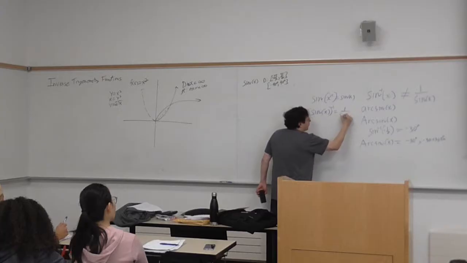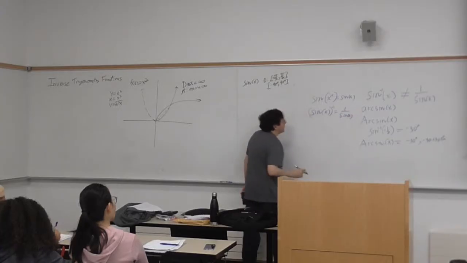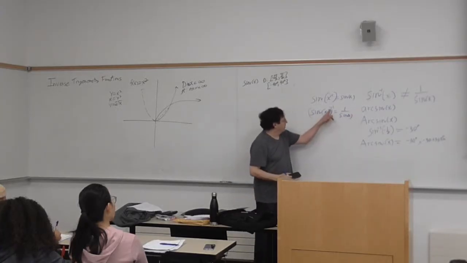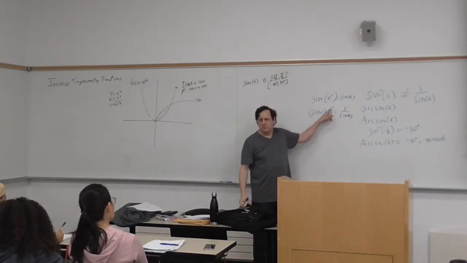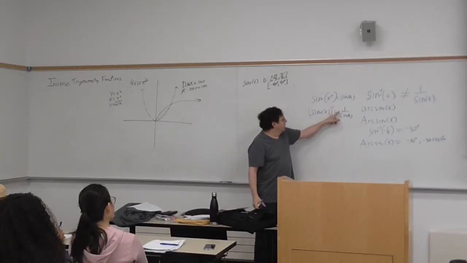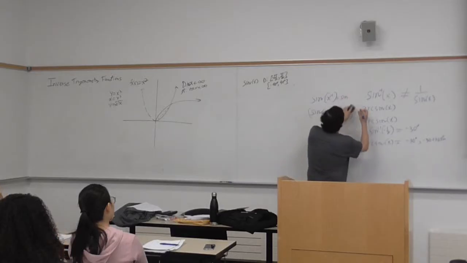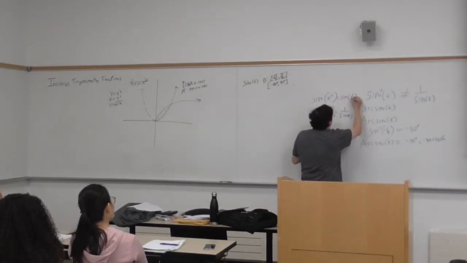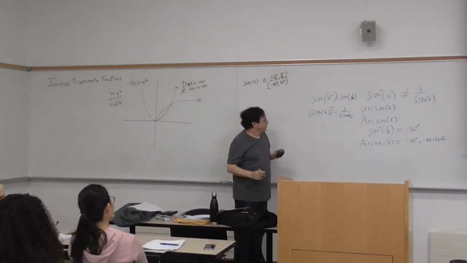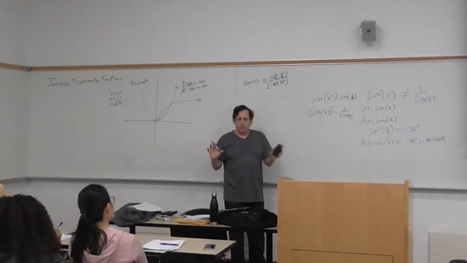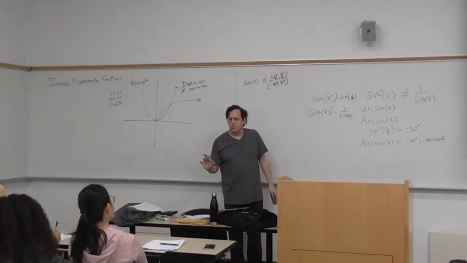So that would be 1 over sine of x. I've seen books where they say, well, you could put minus 1 here, and I think that would be a little scary, a little ambiguous. Does that mean this or this? Sorry, 1 over x. Okay, any questions on notation before we go forward?